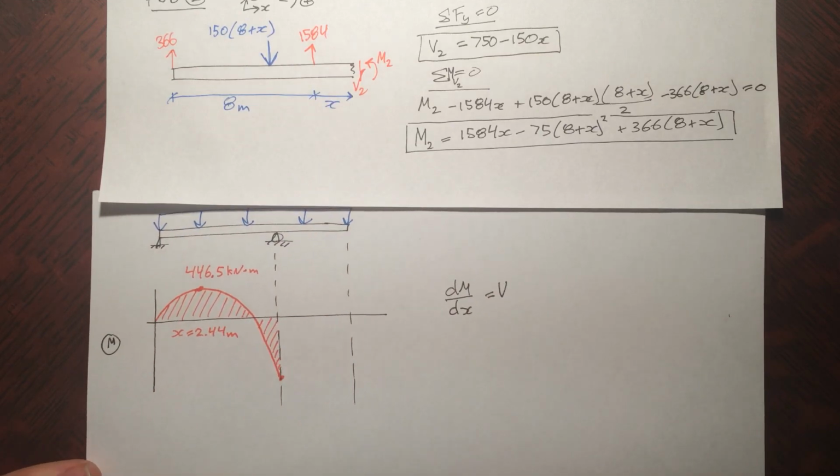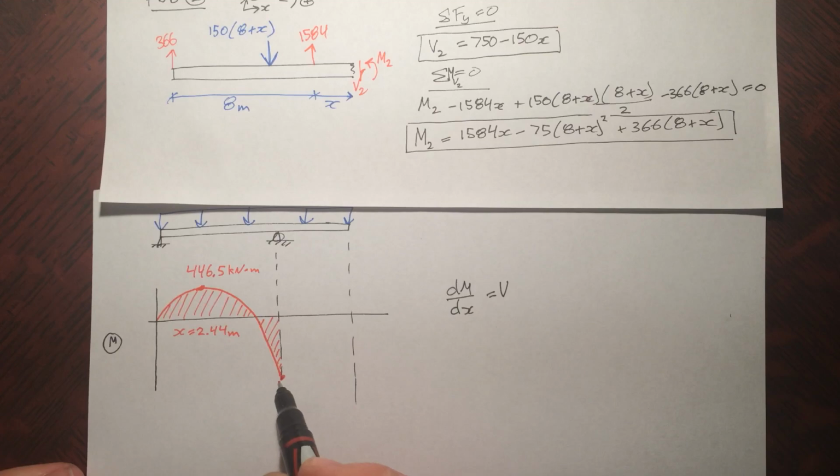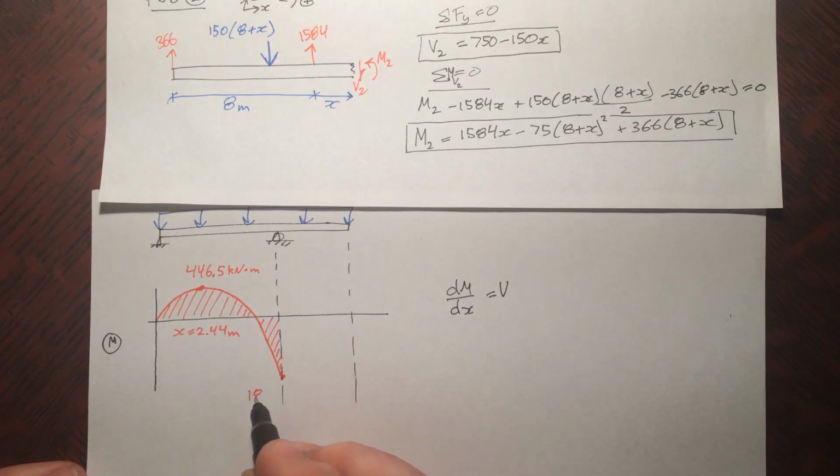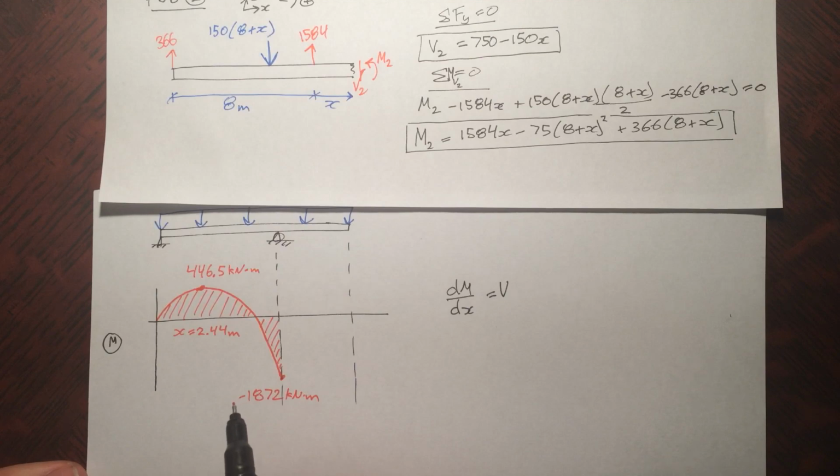Alright, but we also have a value down here that's even bigger, and we can get that by solving for this equation at x equals 8. So this is negative, but in terms of magnitude it's bigger. So this is probably the one we're going to need to use in our final equation.